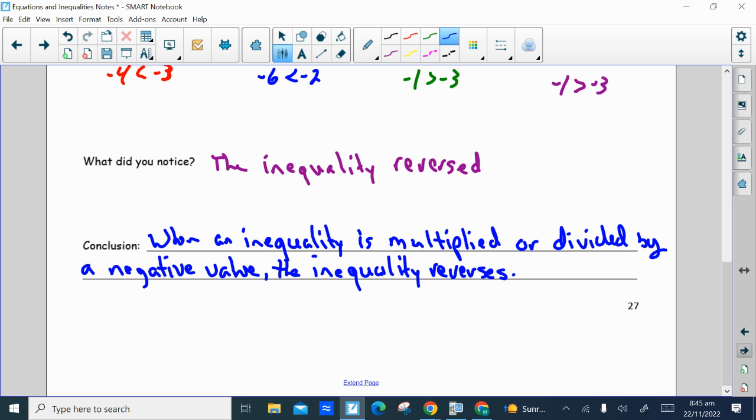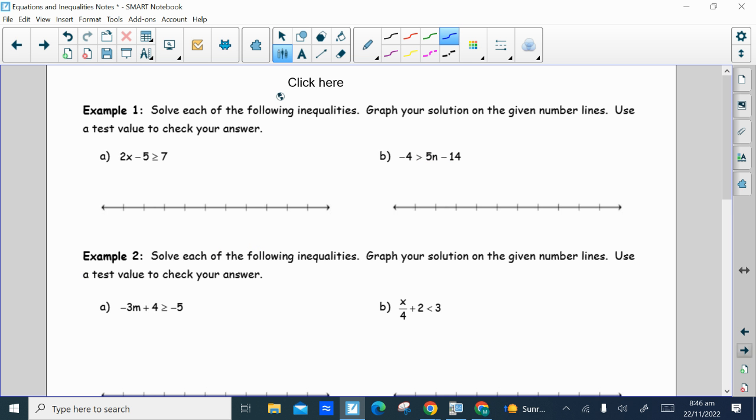So that's what happens when we multiply or divide by a negative value. Otherwise, everything's exactly the same when we're solving inequalities comparing to solving equalities.